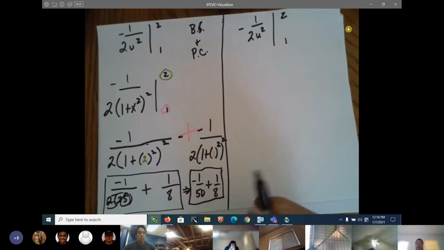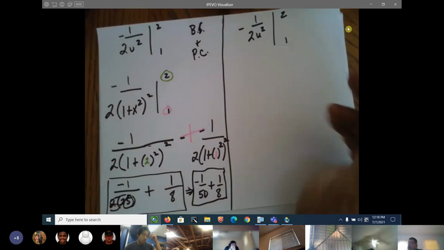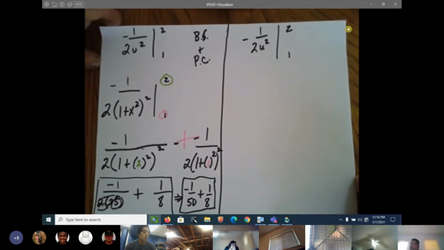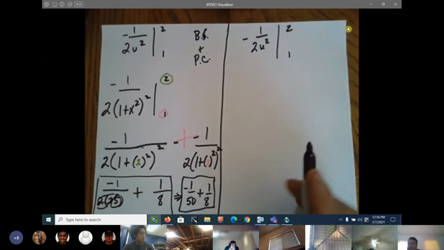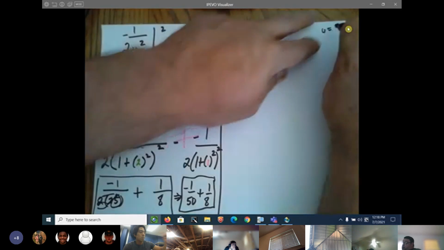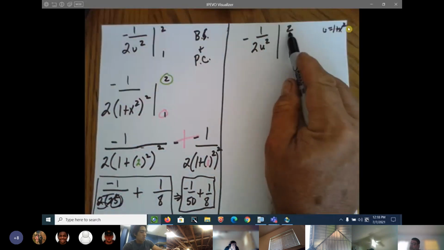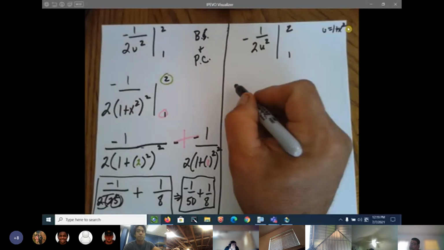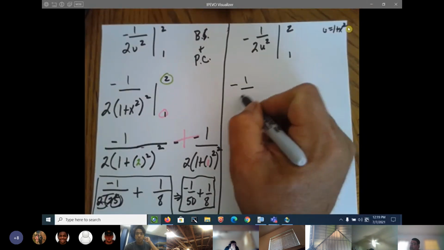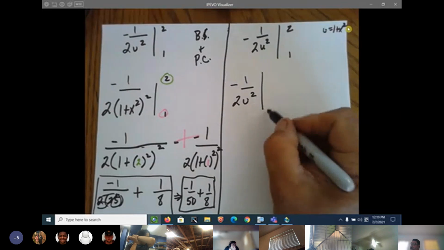Now let's see what we get over here. Now we got to change u. u is equal to 1 plus x squared. So we got to change these two numbers. So -1 over 2u squared, evaluated. 1 plus 1 is 2.